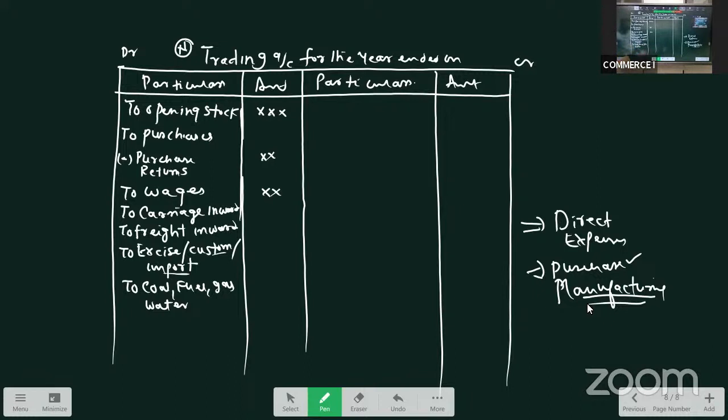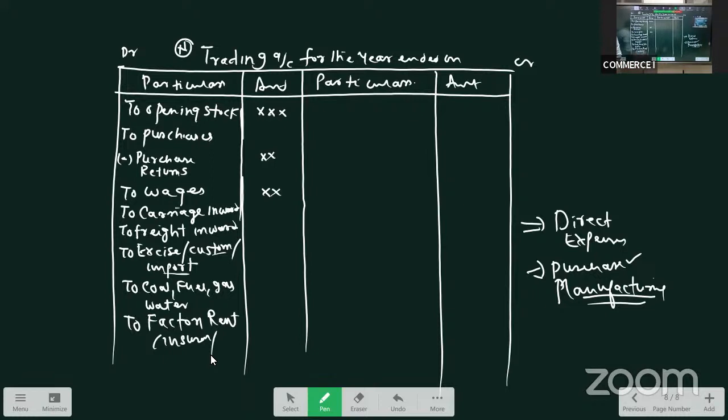So all such expenses also will be taken here. Apart from this, I'm not going into detail. All the expenses related to factory, like factory rent, factory insurance, factory lighting, any expense related to factory will be taken on the debit side of trading account.